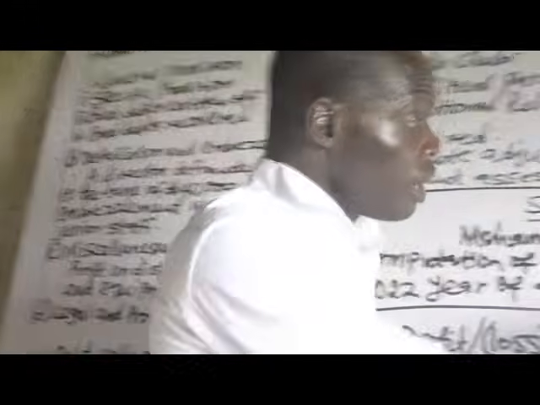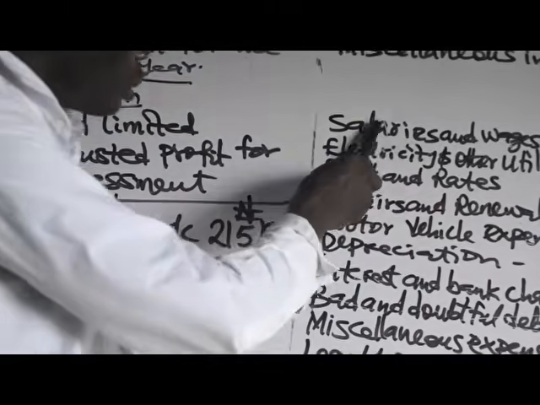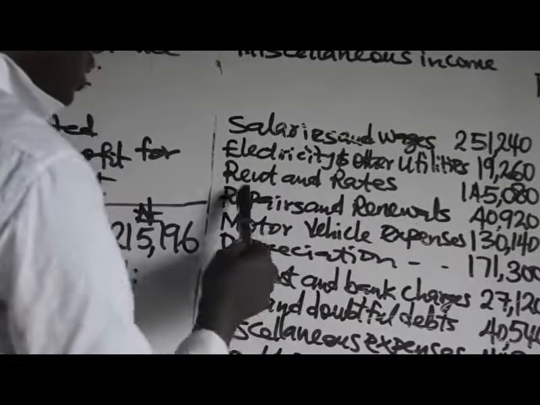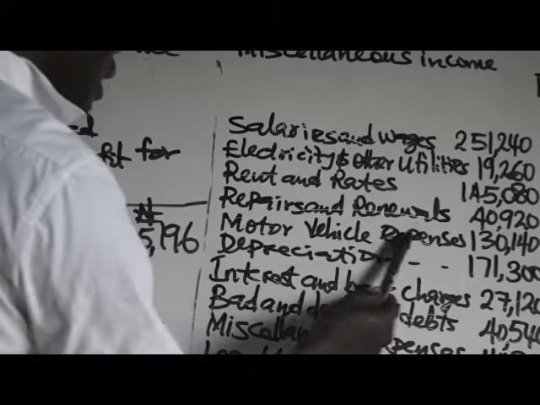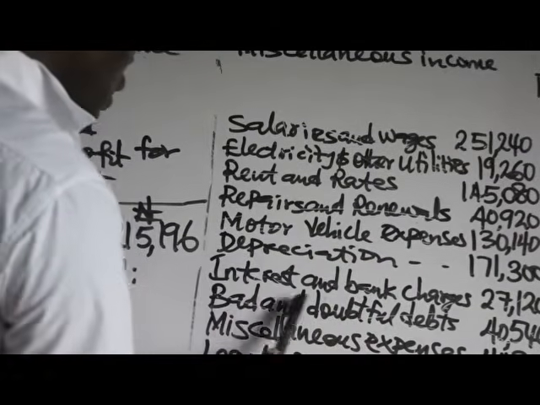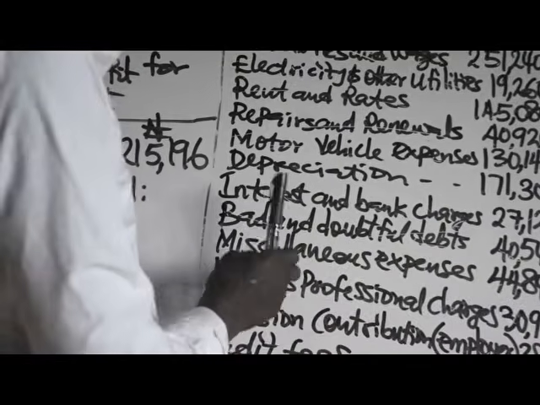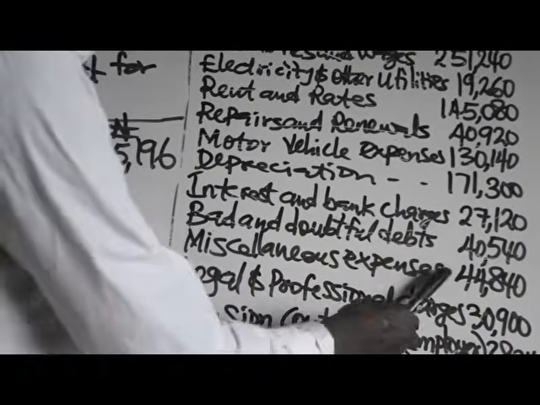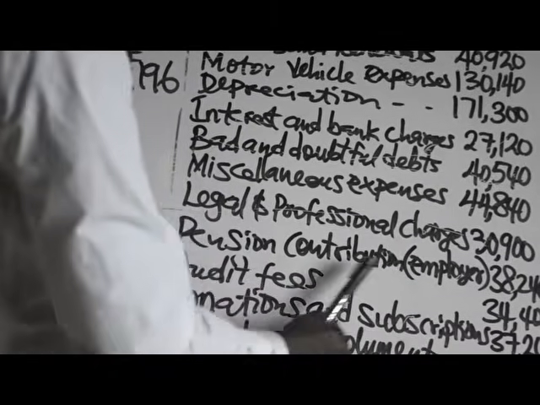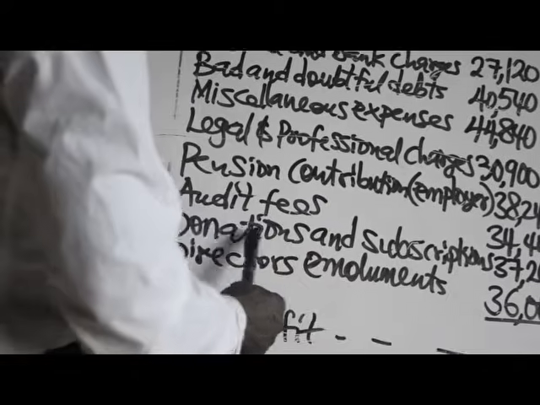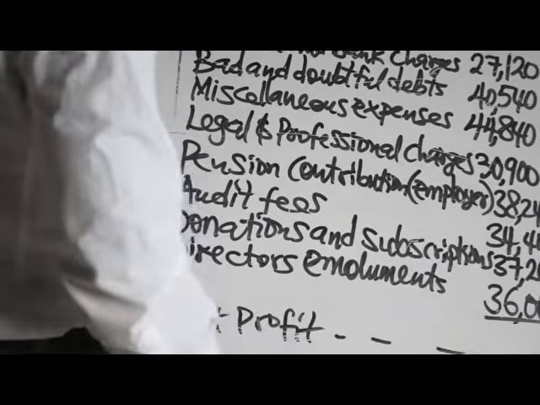Now, if you check your income statement here, go through the list of expenses: salaries and wages, electricity and other utilities, rent and rates, repairs and renewals, motor vehicles expenses, depreciation, interest and bank charges, bad and doubtful debts, miscellaneous expenses, legal and professional charges, pension contributions, employers, audit fees, donations and subscription, directors emolument.